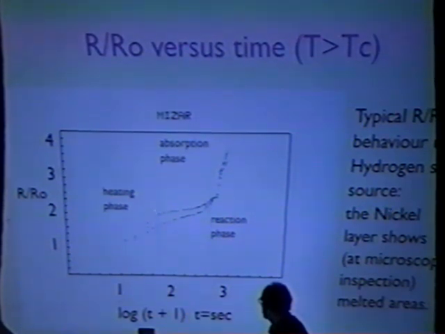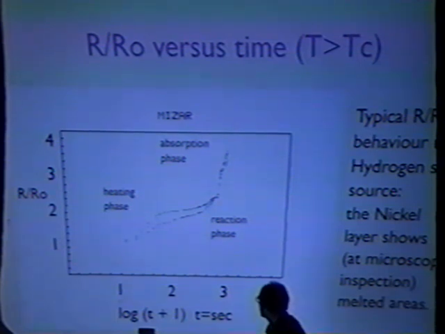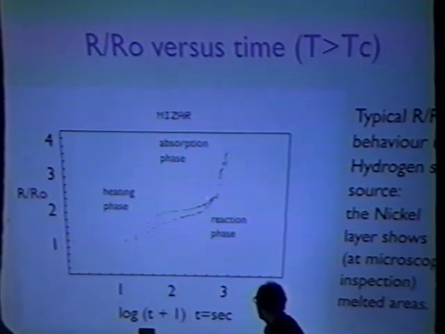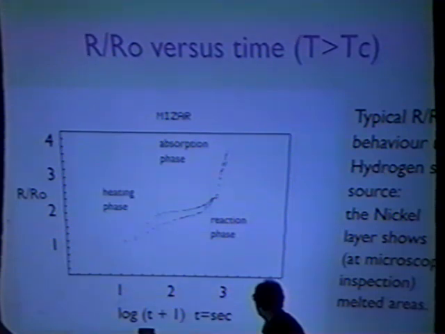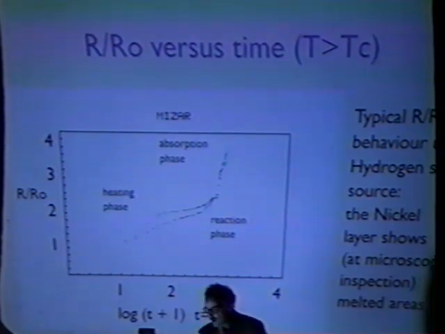If we stay at that temperature for a longer time, we can follow the increase of the electrical resistance, and at a certain point, maybe when the loading is enough, you can see a third phase with a rapid increase of electrical resistance and the break of the cell itself.